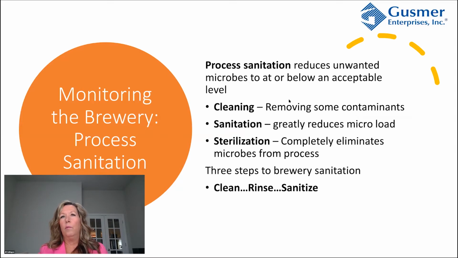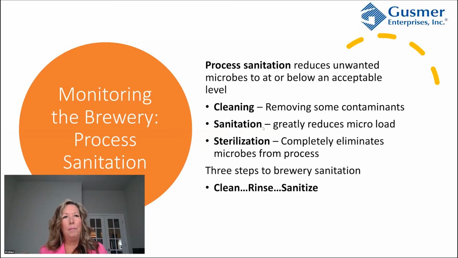So what I'm saying here is that even after doing these things, you're still going to have small amounts of contaminants remaining. And another thing I wanted to mention here on sanitation, it's beneficial for you to rotate your sanitizers.